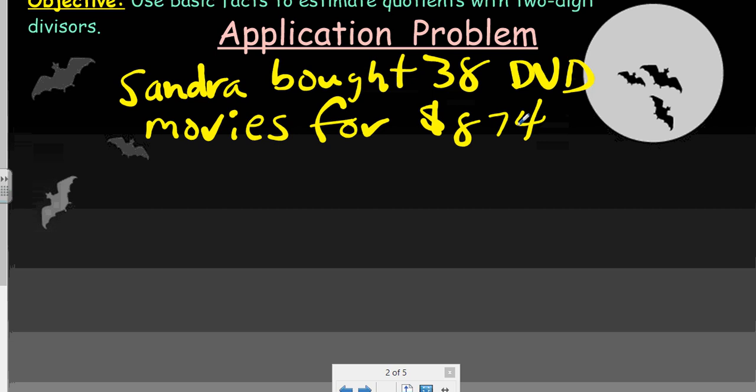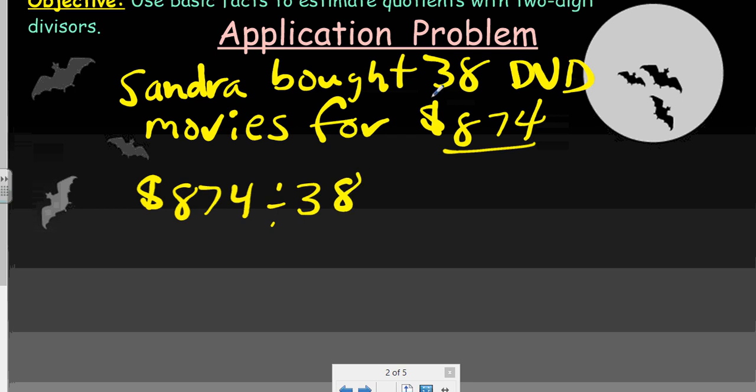Now, basically, we need to give an estimate of the cost of each DVD. When we look at this, the first thing is we're taking our dividend. This is like our whole number that we're trying to divide. That's the money. So we can get an estimate how much each DVD would cost. So that means we're going to divide that by 38 here because there's 38 DVDs.